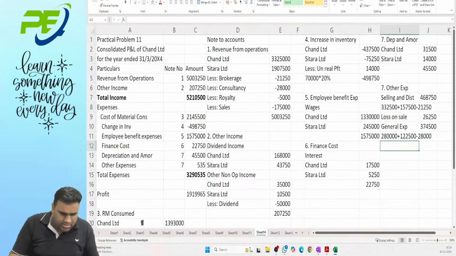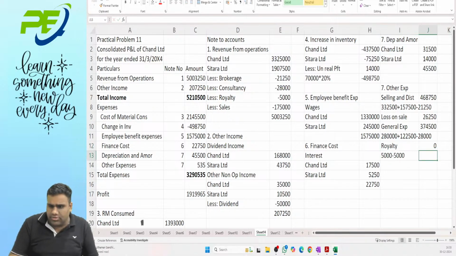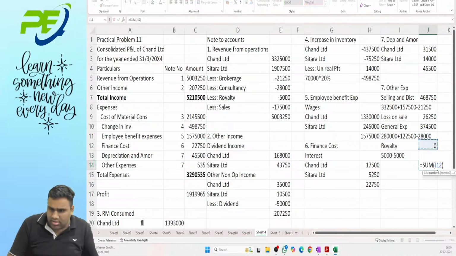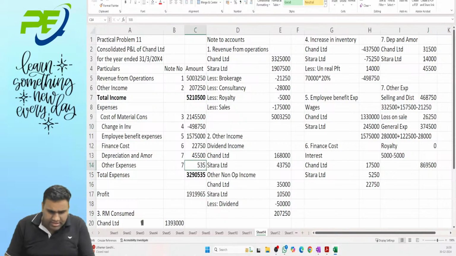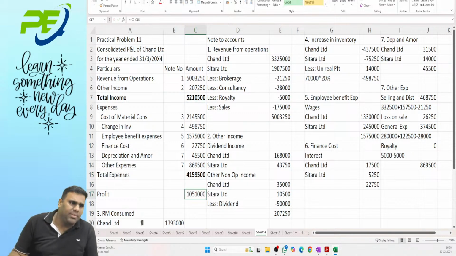Royalty 5,000. Why should we show 5,000 minus 5,000? 0. Total 869 500. So total expense, the formula I have already given, and this is my profit.